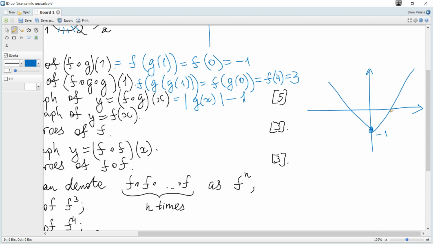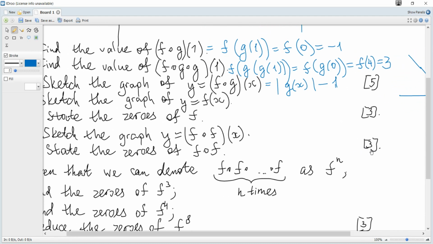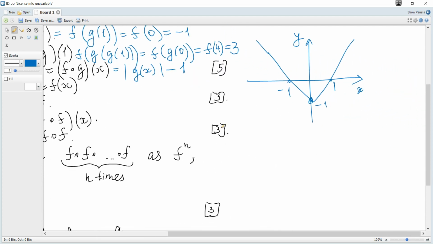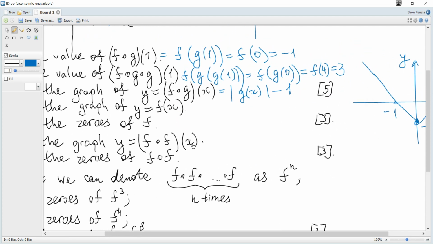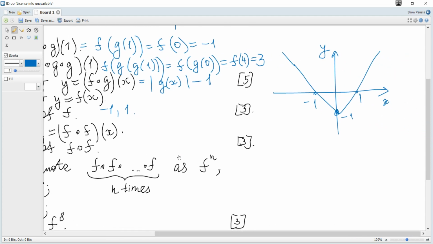It's negative 1, 1, negative 1, y, x. The next, state the zeros of f, and the zeros of f are negative 1 and 1.